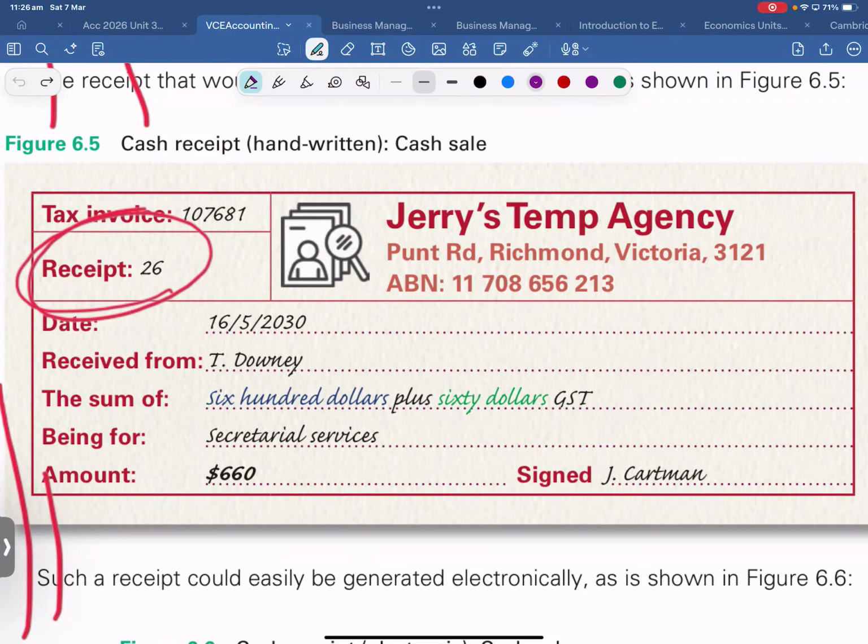Yes. So if it misses the name of the seller, no. Because why we use it as a tax invoice is that it is giving information for the ATO to calculate or work out the GST.